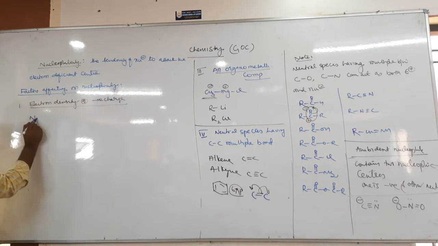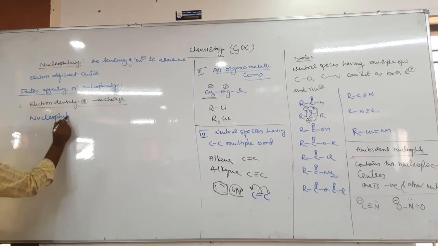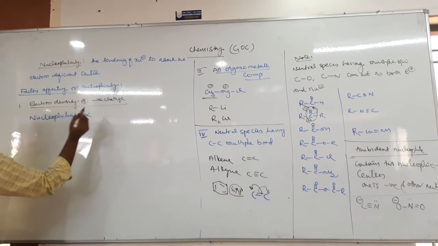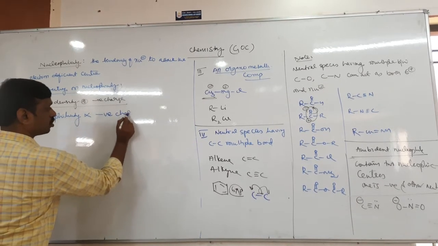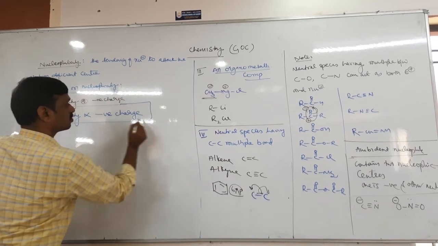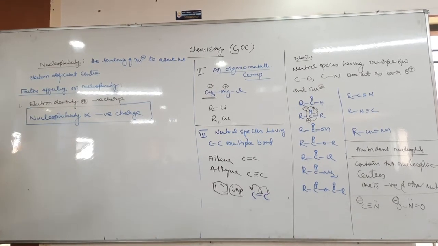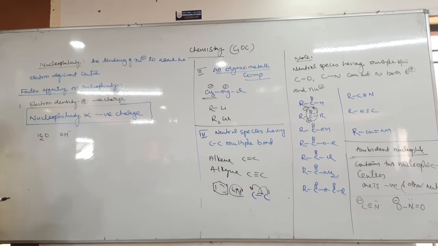So we only need to remember this: nucleophilicity is directly proportional to electron density or negative charge. That means more negative charge, more nucleophilicity. For example, take water and OH minus. Both are the same kind, which has more nucleophilicity?